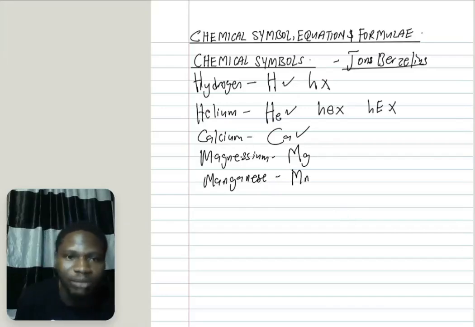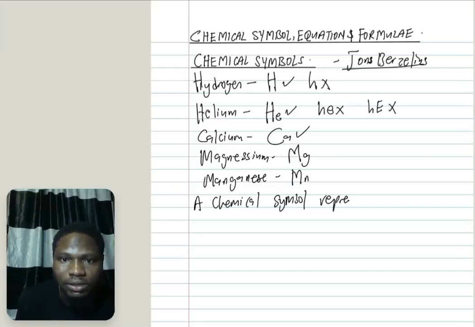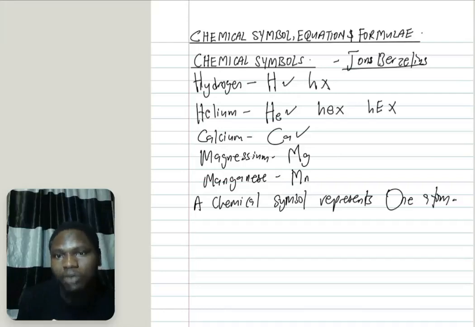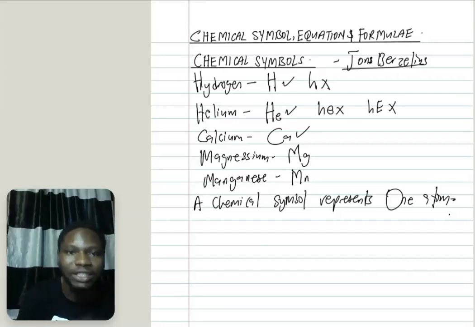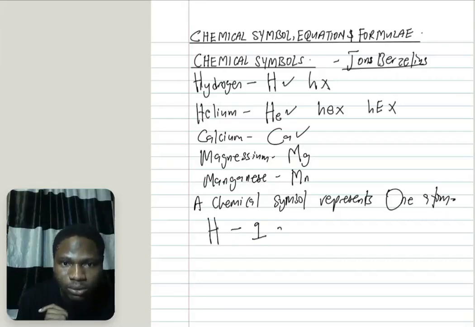And take note that a chemical symbol represents one atom. How many atoms? One atom. Are we together? Good. Whenever you hear one atom in chemistry, a chemical symbol represents one atom of the element. For example, look at H. H is one atom of hydrogen.